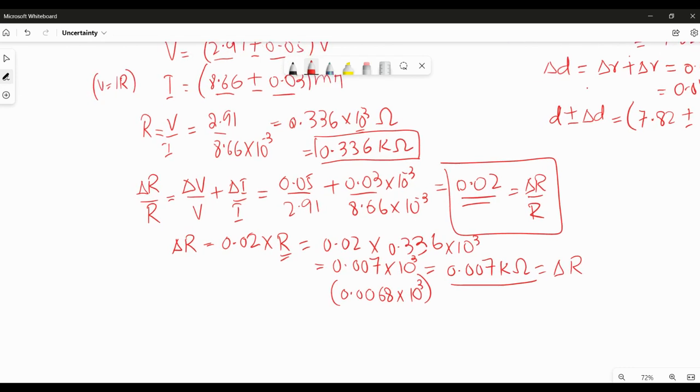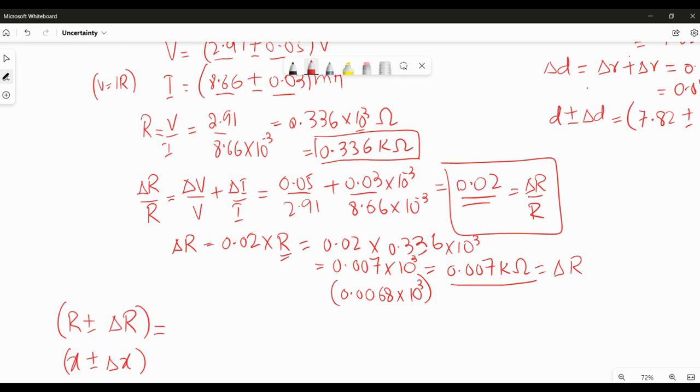So now if I wish to write or represent the value of resistance along with its absolute uncertainty like we do for data, if you remember, we begin with x plus minus delta x, right? This is how we represent data with uncertainty.